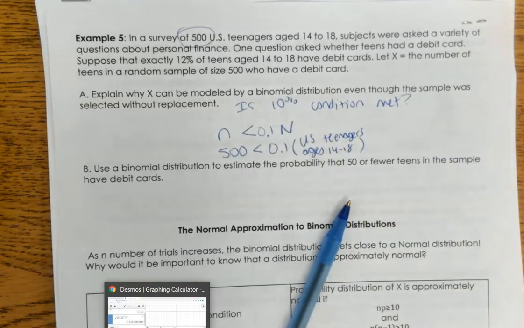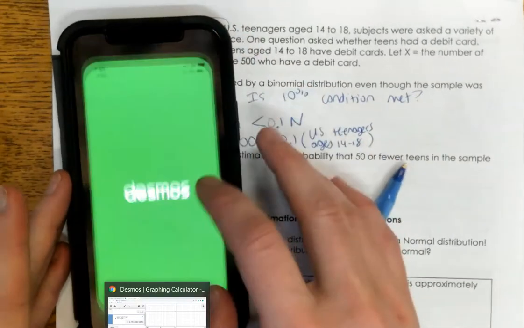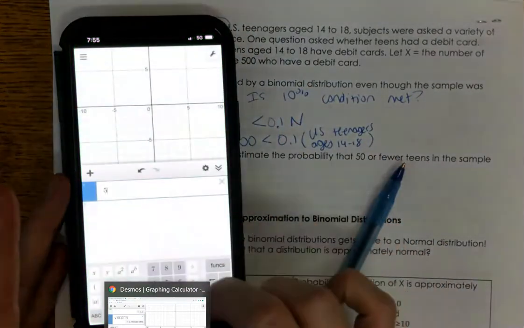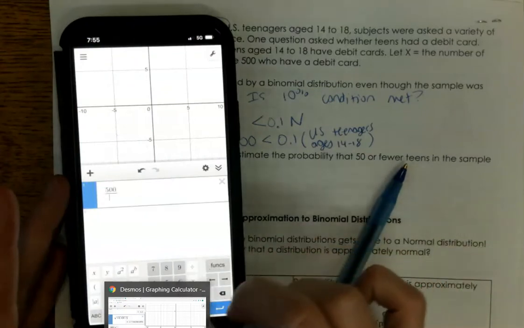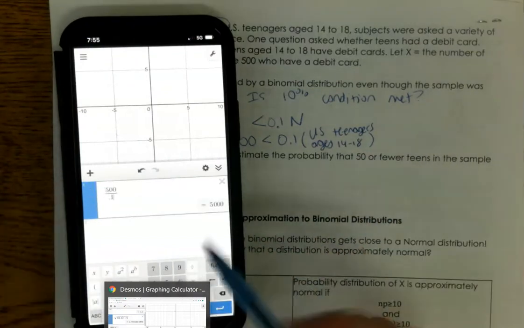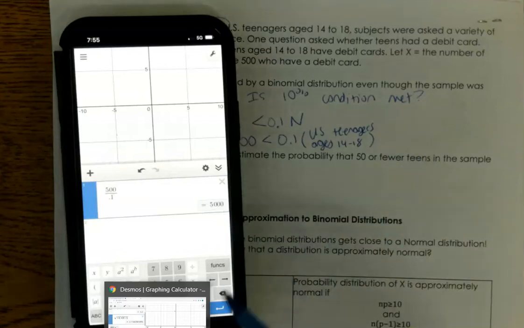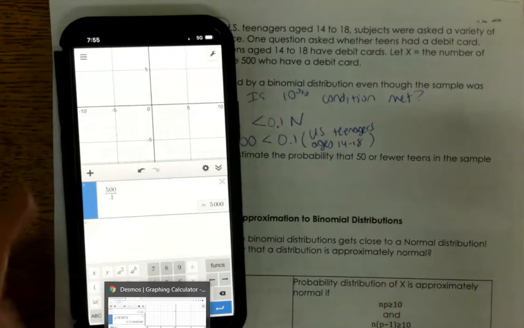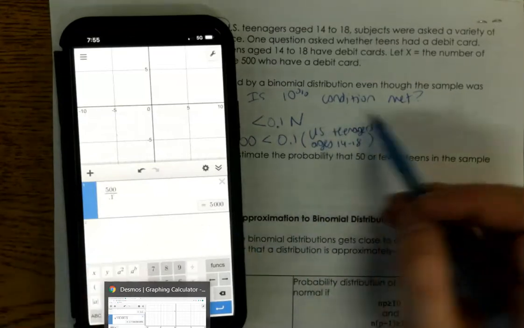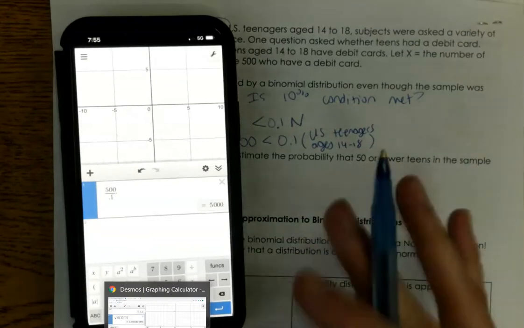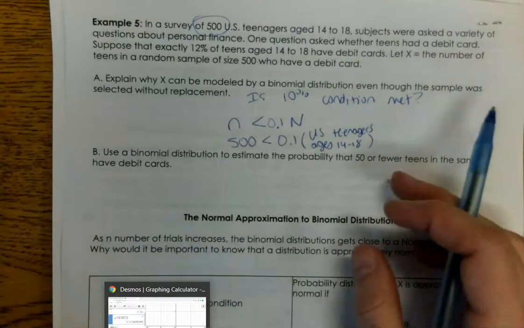Well, do we think that there are more than 5,000 U.S. teenagers aged 14 to 18? Definitely, 100%, right? So it would have to be more than 5,000 for us to meet the 10% condition. It's safe to say that that population is much larger than 5,000.